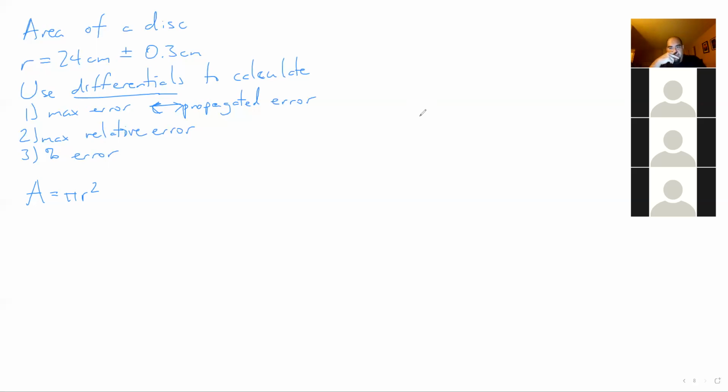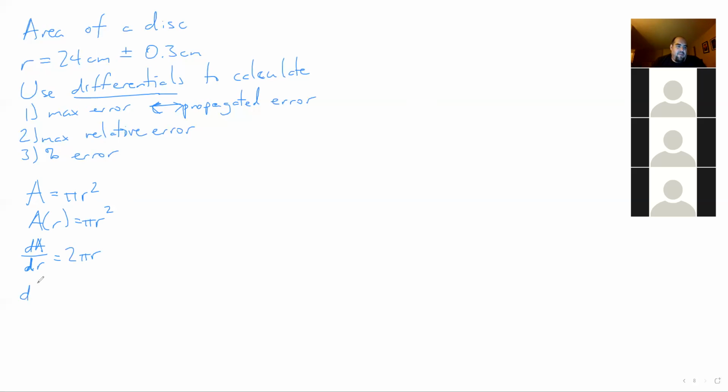dA to dr? Right. So really what I have here is, to make it even more clear, area is a function of radius and is defined as pi times radius squared. So I can take this derivative, dA/dr equals 2 pi r, right? Mm-hmm.